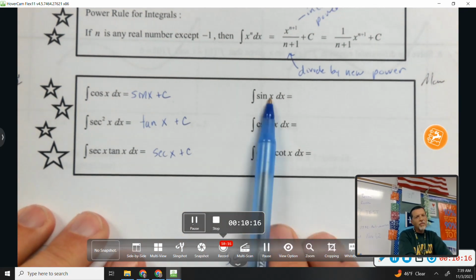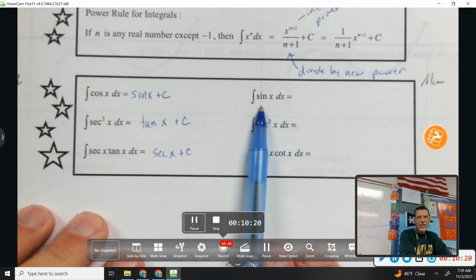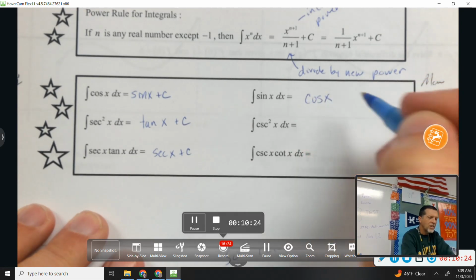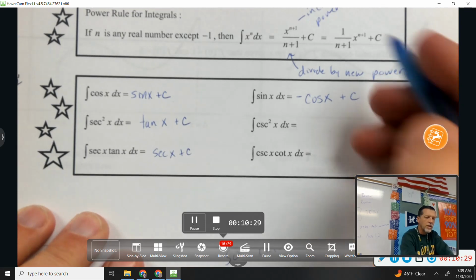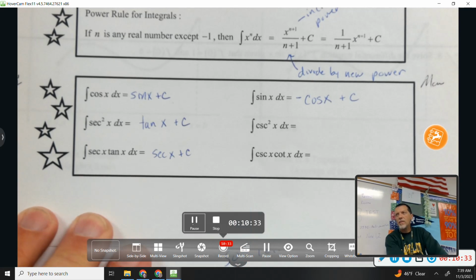Okay, be careful on this side. Who has a derivative of sine? Cosine is sort of the answer. Negative, right, because the derivative of cosine is negative sine, so I put a negative on there to wipe out the negative.